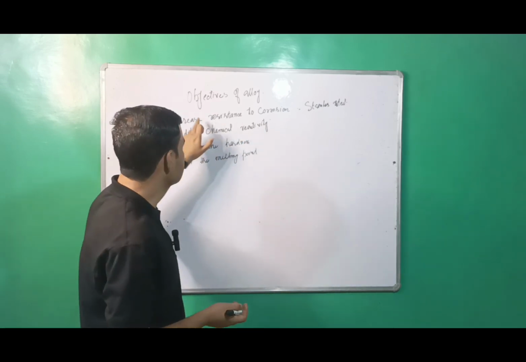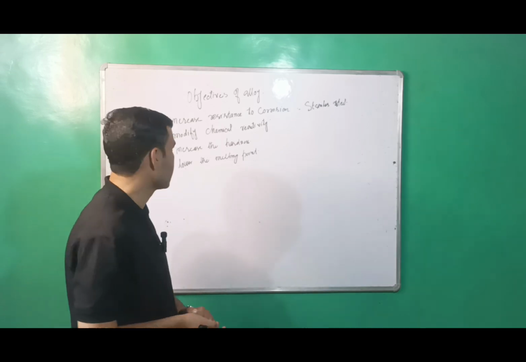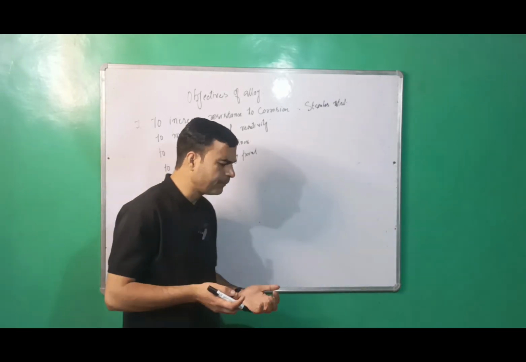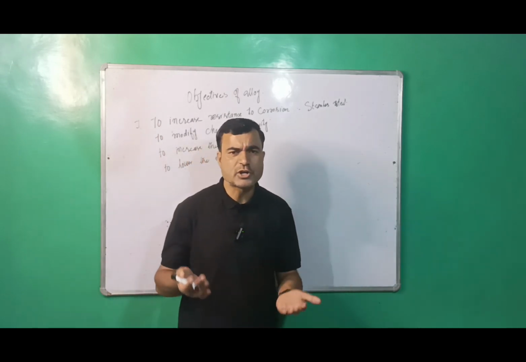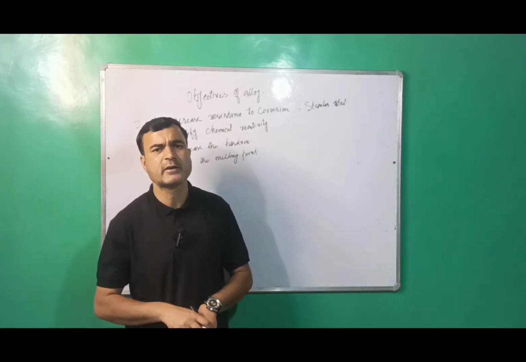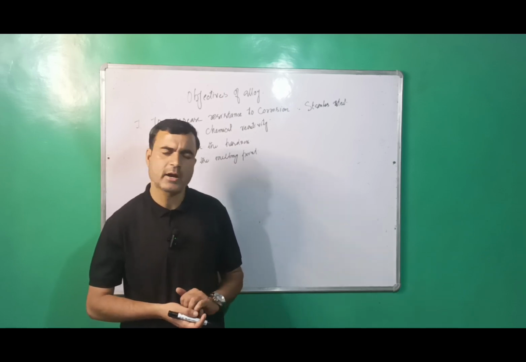The first one is to increase the resistance to corrosion, because then corrosion cannot happen. The second is to modify the chemical reactivity. As you know, potassium, sodium, magnesium are highly reactive metals. Even they can react with the oxygen and with water molecules or anything else.